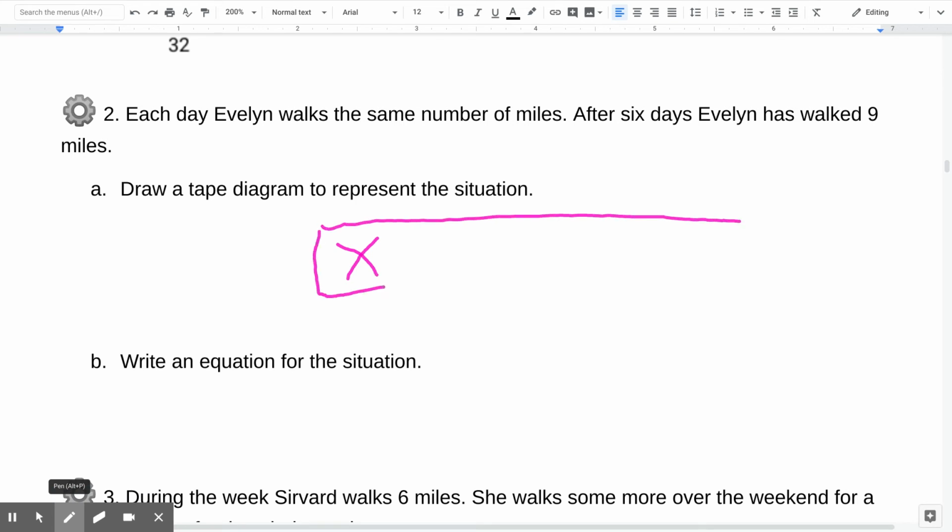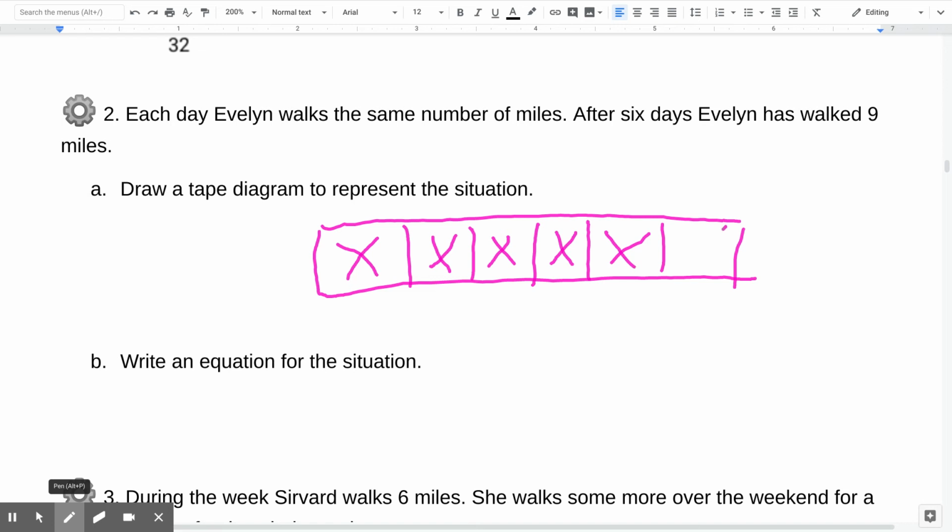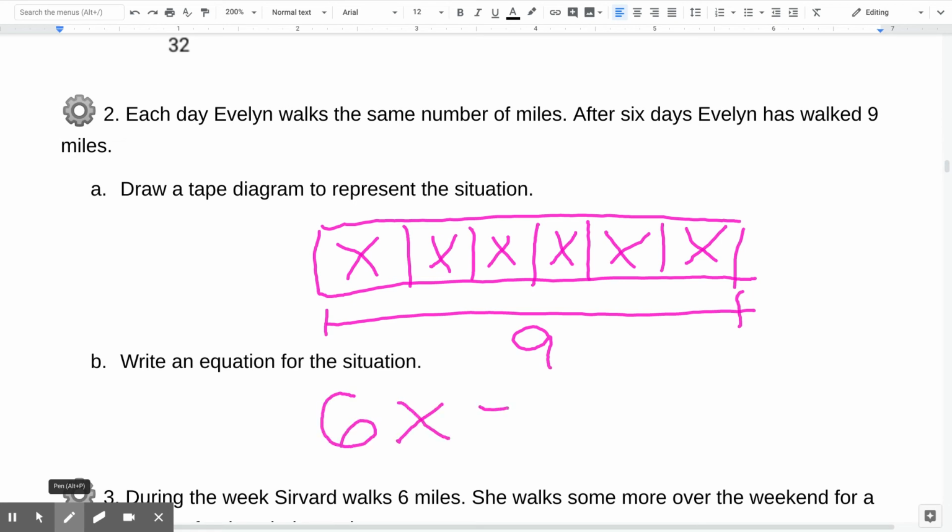So I'm going to draw a tape diagram with 6 sections, and each of those are x miles long, and the whole thing is equivalent to 9 miles. So I can write an equation by saying that is 6 times x equals 9.